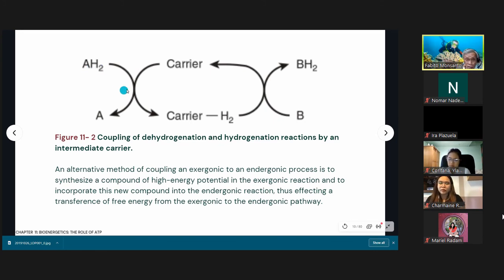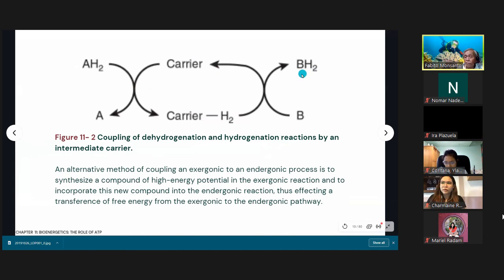The acceptor of that hydrogen is another compound which we call a carrier, and the carrier now has this hydrogen. The final acceptor of hydrogen is compound B. B accepts the hydrogen. This is the oxidized compound, and once it acquires the hydrogen, it becomes reduced, BH2.